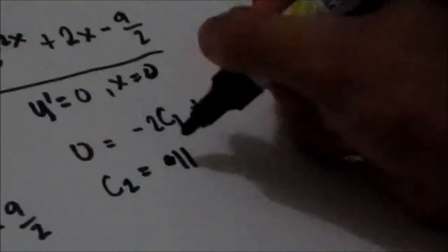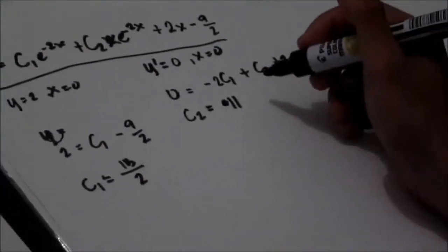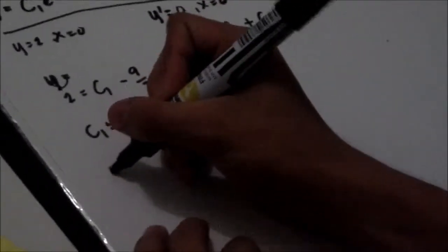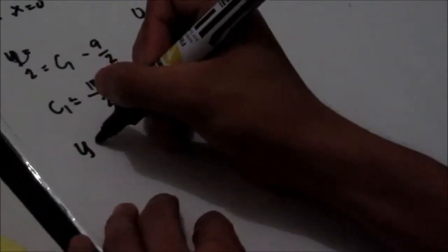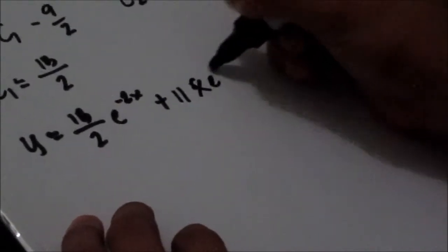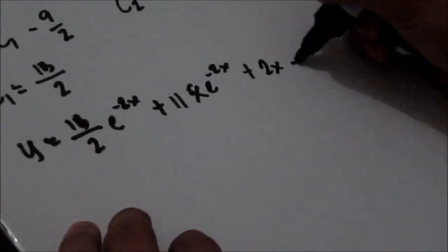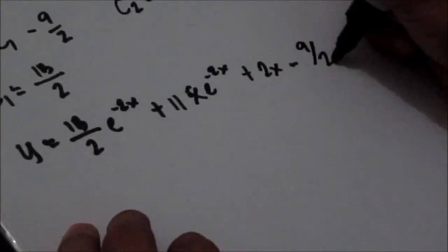I mean positive 11. Since we now have c1 and c2, our complete general solution will now be y = 13/2 e^(-2x) + 11 x e^(-2x) + 2x - 9/2.